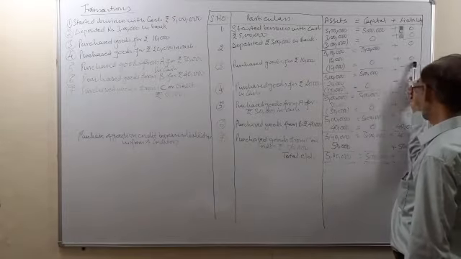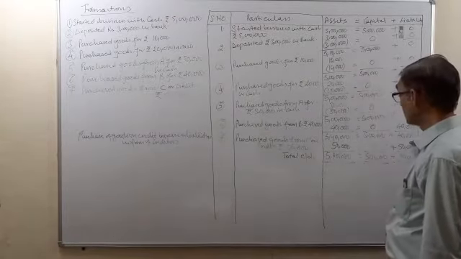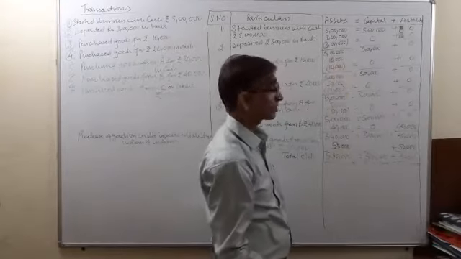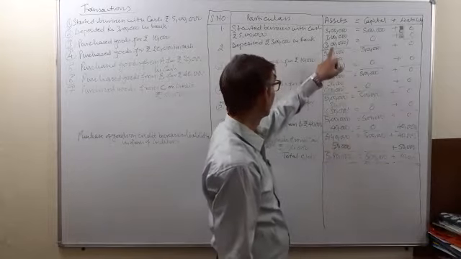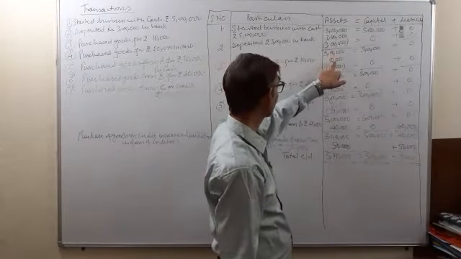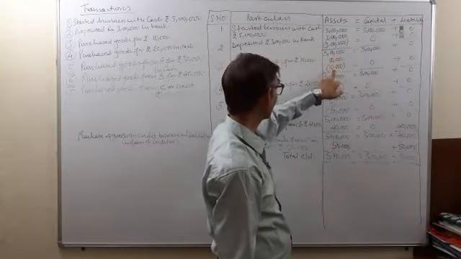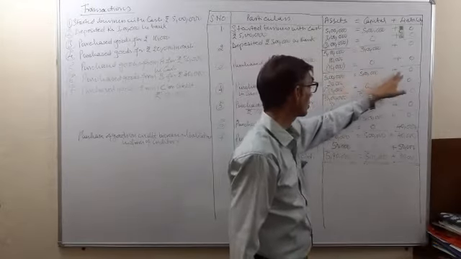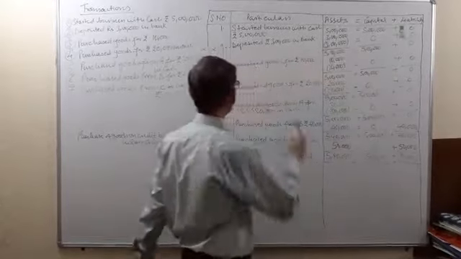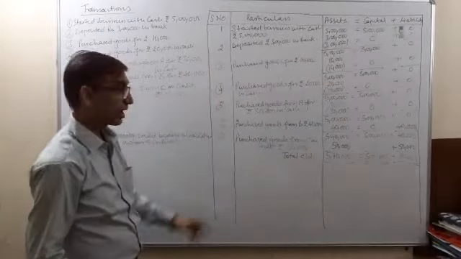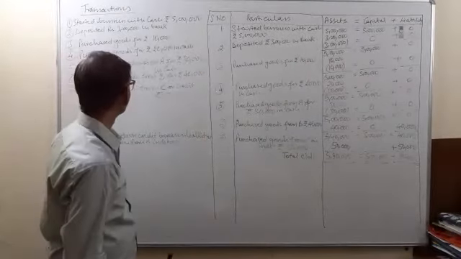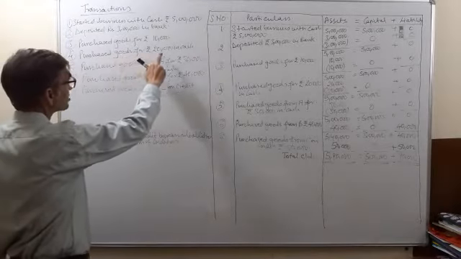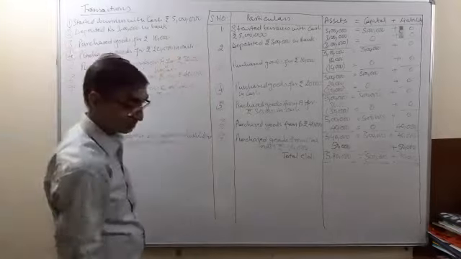So for both 0, 0 will be written. Now we will again calculate it. 5 lakh plus 10,000 is equal to 5 lakh 10,000 minus 10,000 is equal to 5 lakh, and here 5 lakh. Again the accounting equation is balanced after this transaction, after the third transaction. Now the fourth transaction, purchase goods for rupees 20,000 in cash.